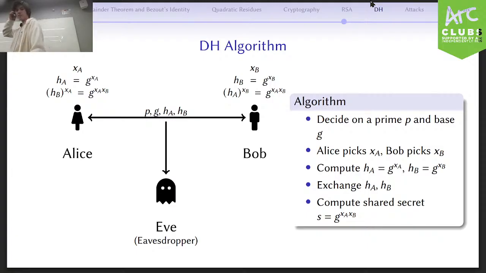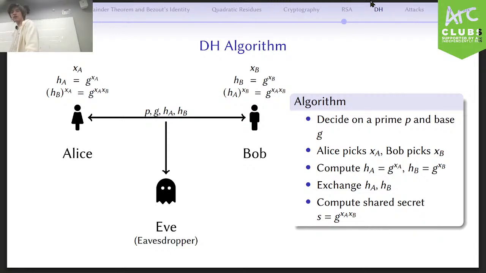But crucially, Eve only knows P, G, HA, and HB. So Eve doesn't know either of Alice's or Bob's secret numbers. Eve doesn't know XA or XB. So Eve cannot compute their shared secret S without first solving the discrete log problem.